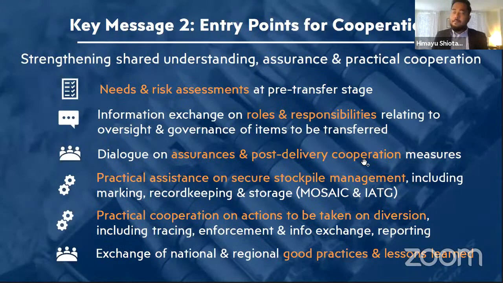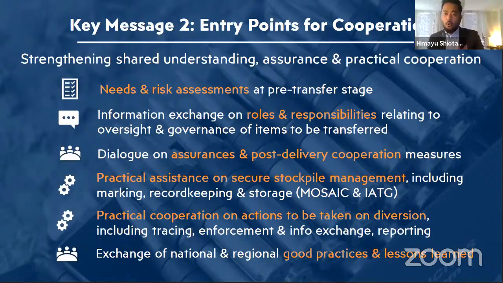So what do we mean by cooperation? What do we mean by a comprehensive approach? Rachel very clearly talked about Articles 7 and 8 of the Arms Trade Treaty, in particular Article 7 on export assessments. Of course, many states in their mechanism of risk assessment already include some form of risk indicator, looking at whether or not the recipient has adequate capacity and capability to manage these items securely.